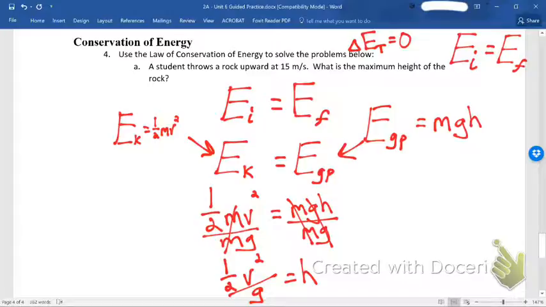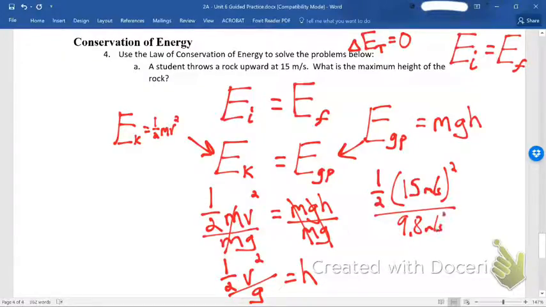So whenever I plug in those values, 1/2 times the velocity squared divided by g, that equals my height.